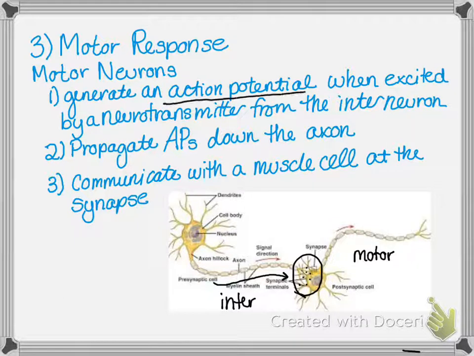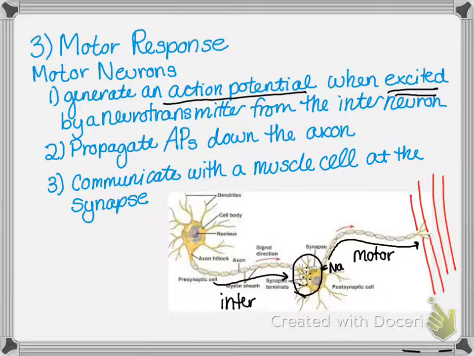They're going to generate an action potential in the motor neuron if it's an excitatory response, and that will cause sodium to rush in and generate action potentials all down the motor neuron until you eventually get to your muscle cells, which I'm going to represent by these striped lines here, because you have striated muscle, which is involved in contractions for motor movement.